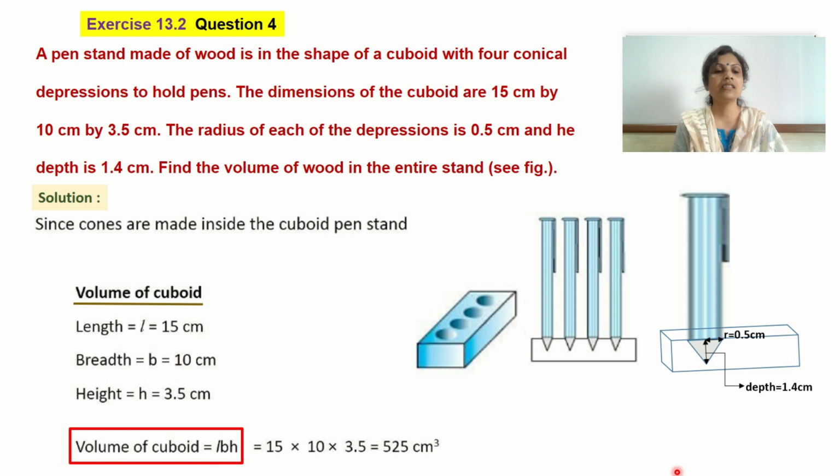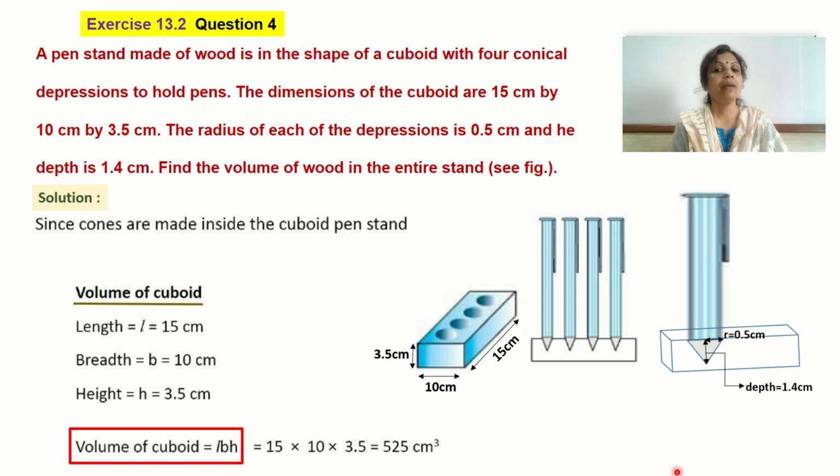Now since all the cones are made inside the cuboid pen stand, we have to find the volume of this cuboid pen stand also. Here we are given the length of the cuboidal stand as 15 centimeter, breadth as 10 centimeter, and height is 3.5 centimeter.